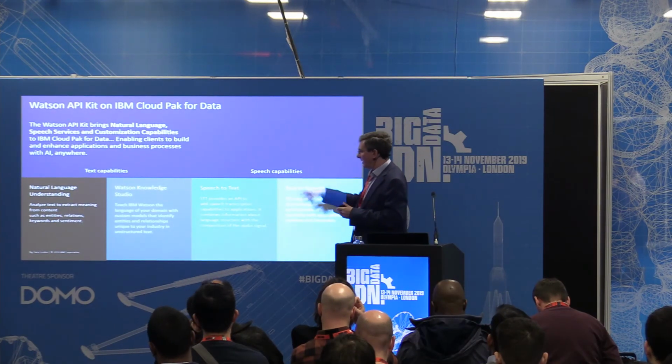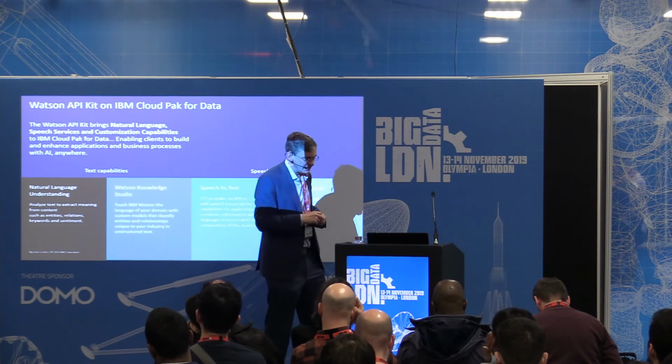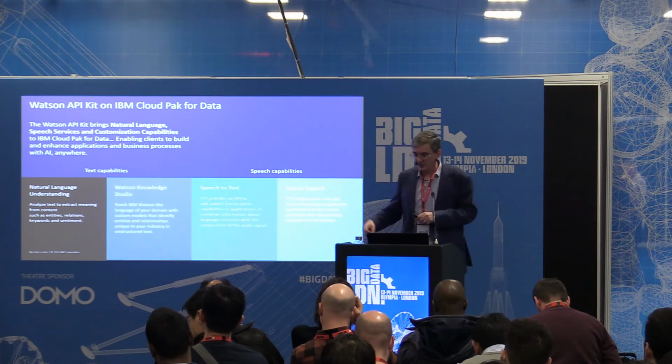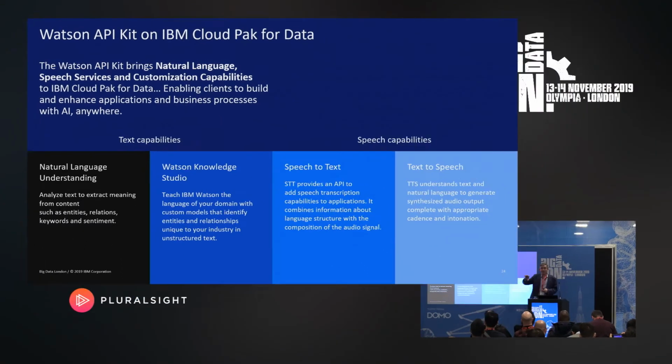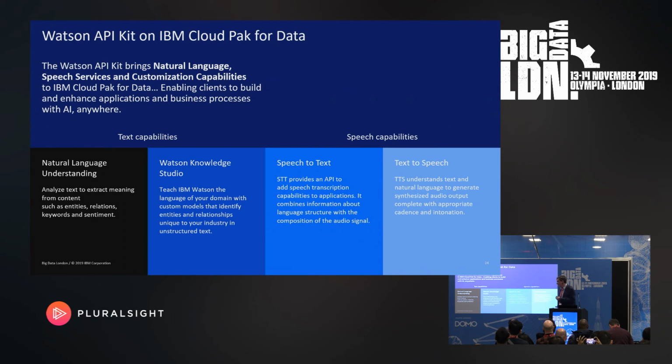Okay. There's some other bits as well that you can run as add-ons on Cloud Pak for Data. There's something called the Watson API Kit, and the Watson API Kit adds in some extra capabilities. So natural language understanding, think of that as a kind of Swiss Army knife. You give it a piece of text or a document, and it tells you loads of things about that document, which you can then use to analyze it and to work out what's really going on. Knowledge Studio is the thing that we use to do that domain adaptation I was talking about, to teach the system how to understand how language is used, and crucially, speech to text, text to speech.